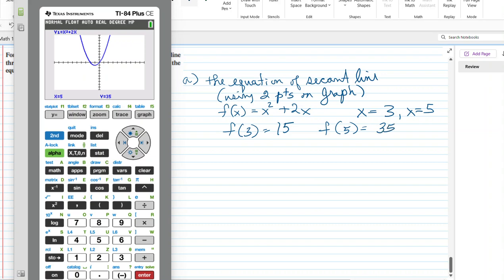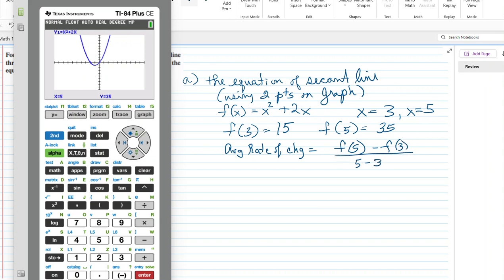Now we're going to use our average rate of change. And that means f of 5 minus f of 3 all over 5 minus 3. So we know this is 35 minus the 15 over 2.